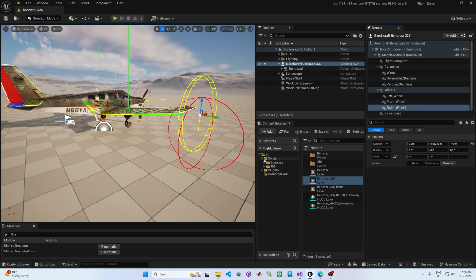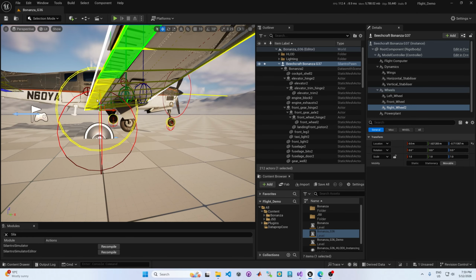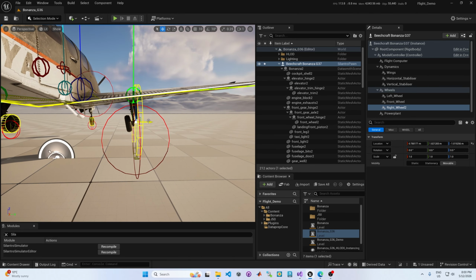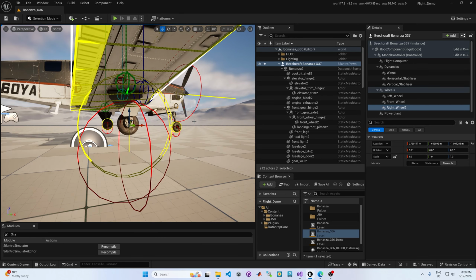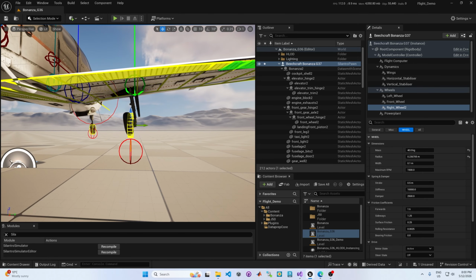To continue the setup, I'm going to try and move this to match with the wheel. So I have to try and match this, but that's fine. It's going to be somewhere here, and then we're going to start adjusting the radius to match this wheel.